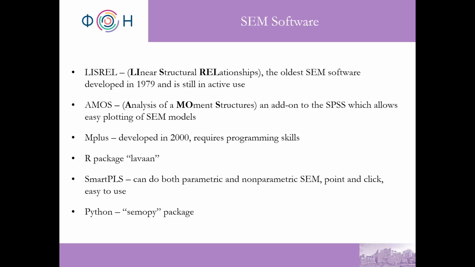Usually, if you're using AMOS, there are some analyses which you need to do, for example, in SPSS or in another software. But if you're looking for a point-and-click solution to doing SEM analysis and doing everything in one software, I think Smart PLS is a good solution. Also, the analysis can of course be done in Python using the semopy package.